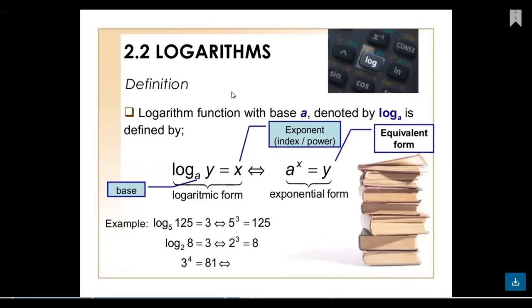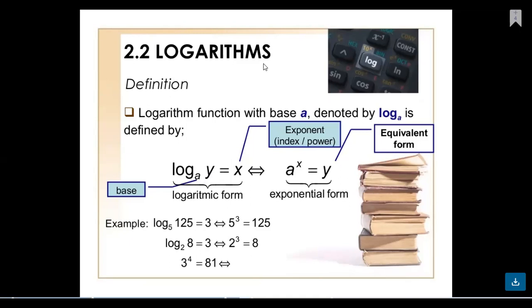Okay, so logarithms. Definition: the logarithm function with base a, denoted by log, is defined by log base a of y is equal to x. So definitely magiging a raised to x is equal to y. Equivalent, kumbaga. Most likely kapag may scientific calculator kayo, mas madali siya.